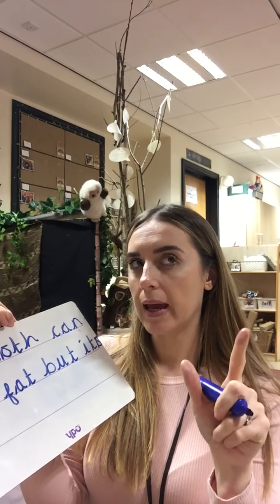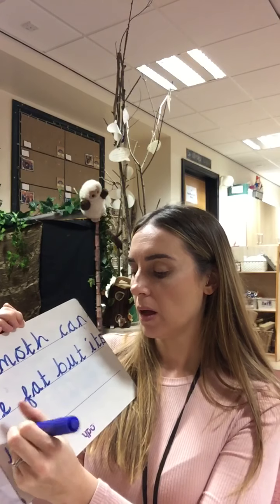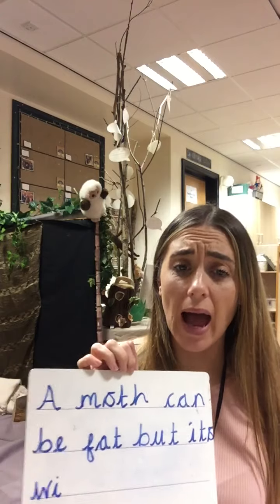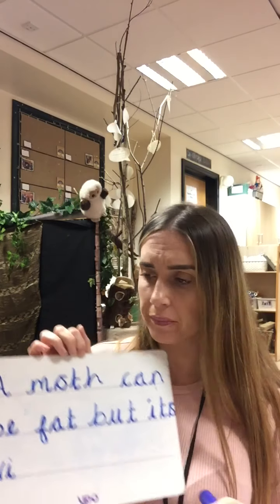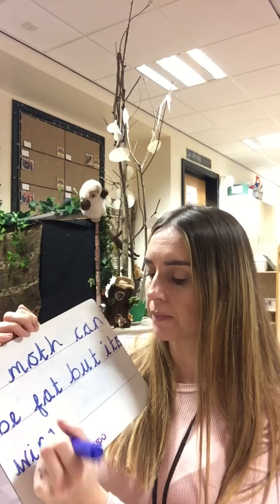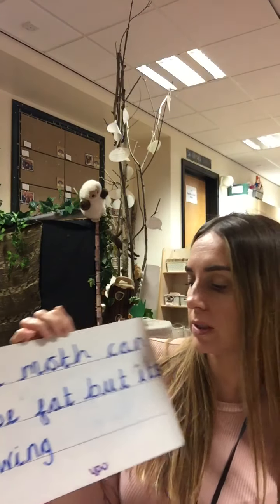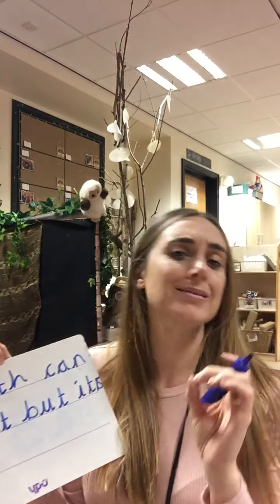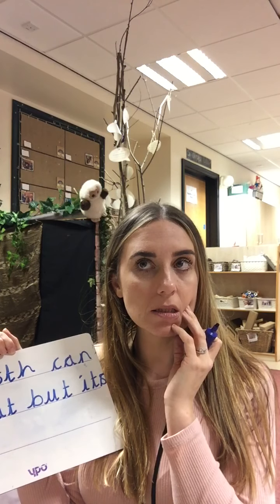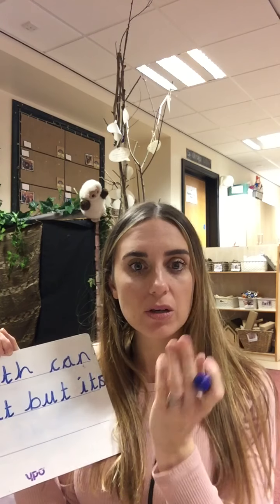I. The next sound is a digraph we haven't learned yet, so I will do my best to remember that one. But it's an ng, and that's an N and a G together. Make the ng sound. Wings. What do I need to add on to the end? Well done. S.